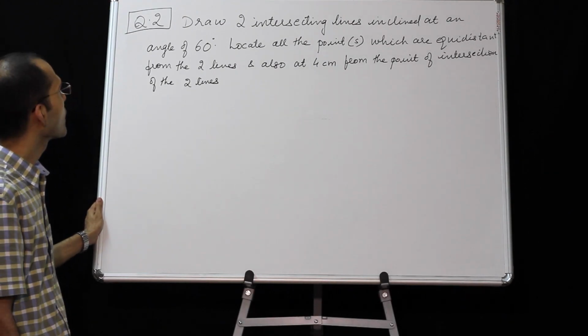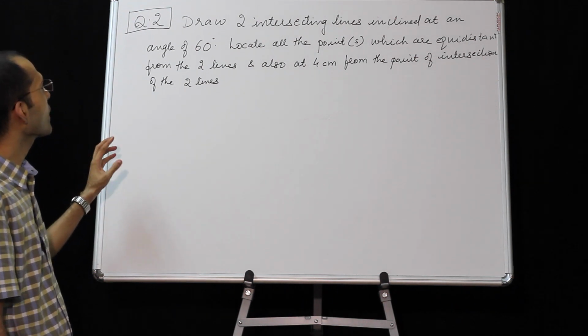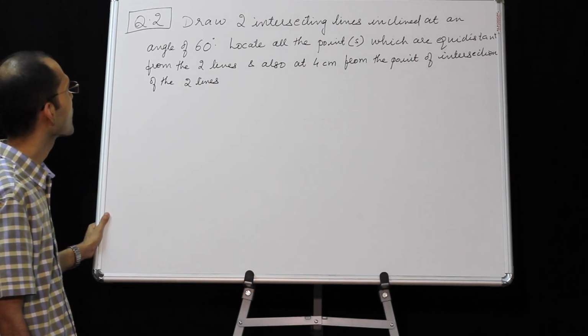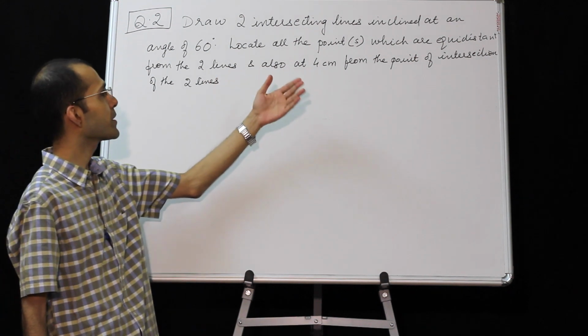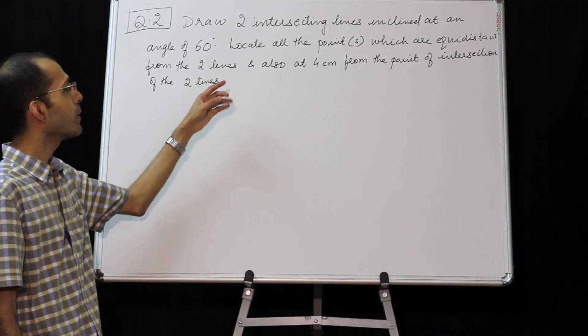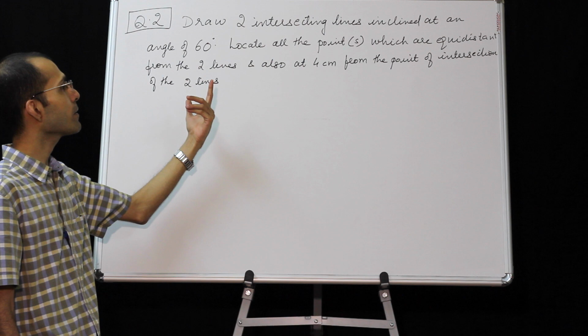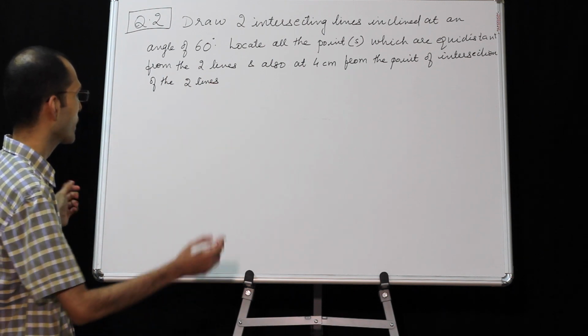Question 2. Draw 2 intersecting lines inclined at an angle of 60 degrees. Locate all the point or points which are equidistant from the 2 lines and also at 4 centimeter from the point of intersection of the 2 lines.